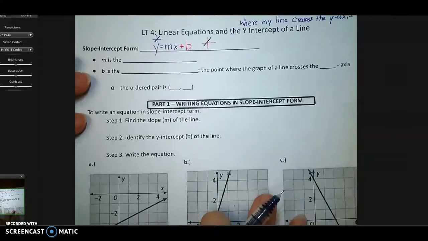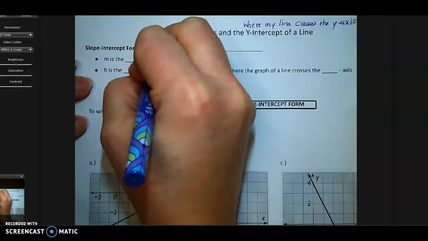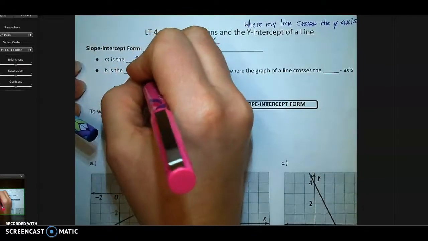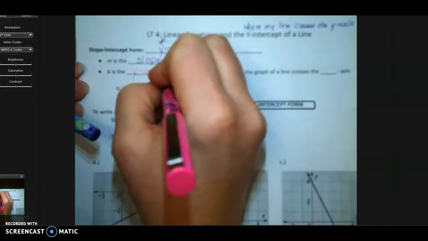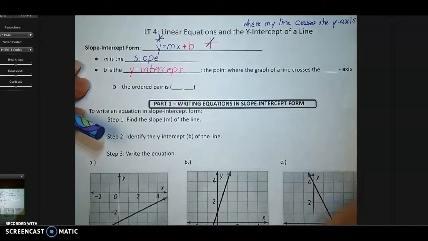So once again, m is going to be the slope of the line, and the b is the y-intercept. So that is the point where the graph of a line crosses the y-axis.